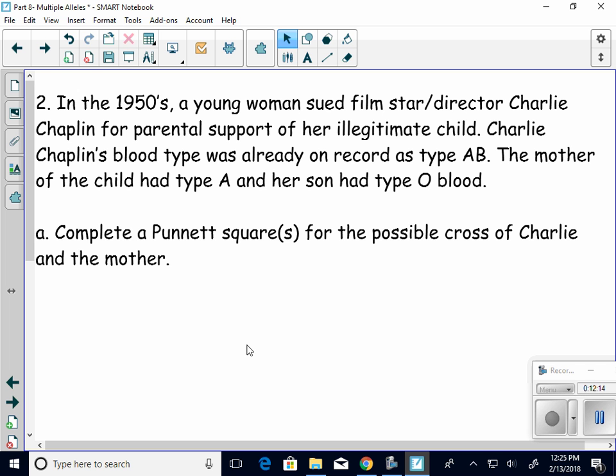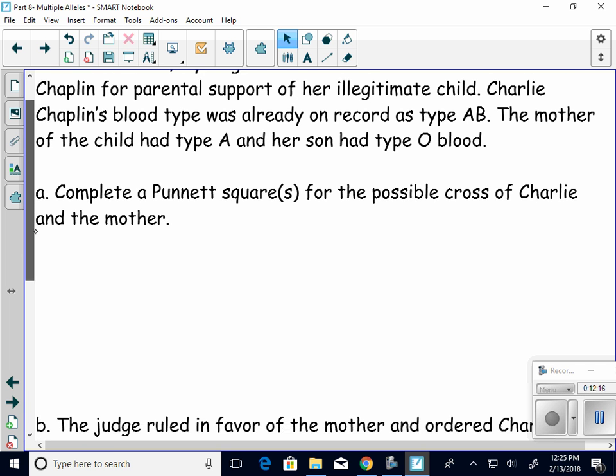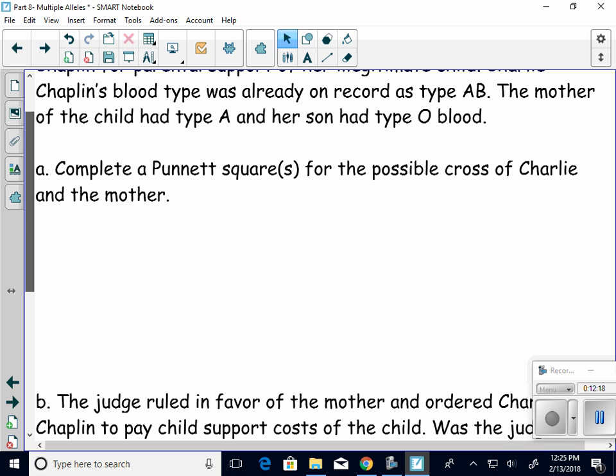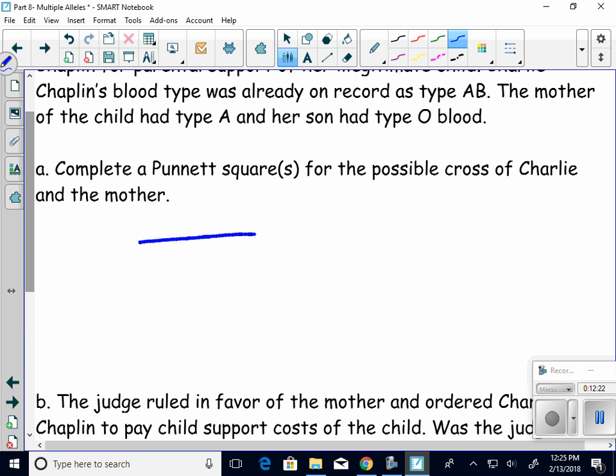So, I look at this, okay? It tells me that Chaplin was AB, right? So Chaplin was AB. What about the mother?